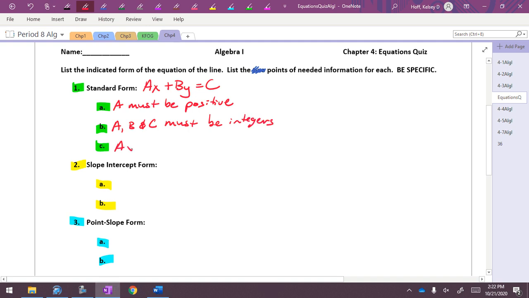Okay, I'm going to write it as AX plus BY on one side, C on the other. I'll give you a minute to get that all written down. As of right now, you have 40% on your quiz. 4 out of 10.